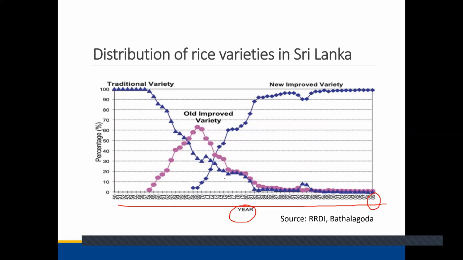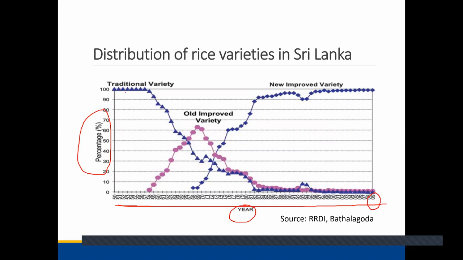On the y-axis you have the percentage of extent cultivated. Different lines show different varieties.